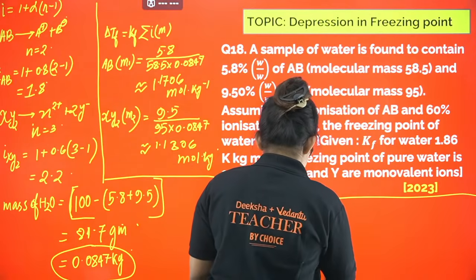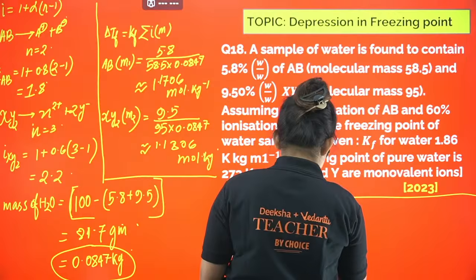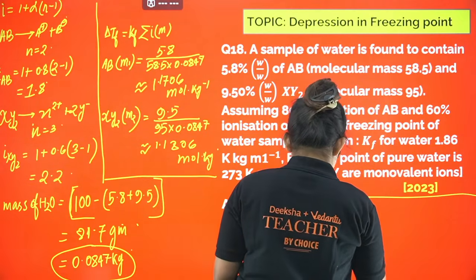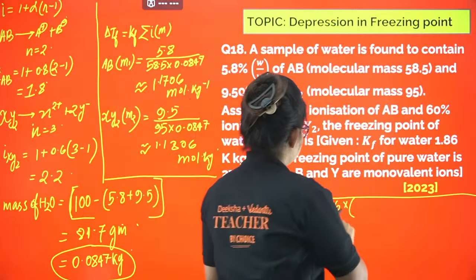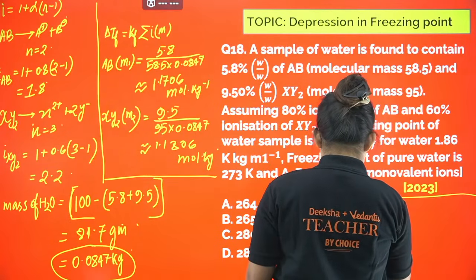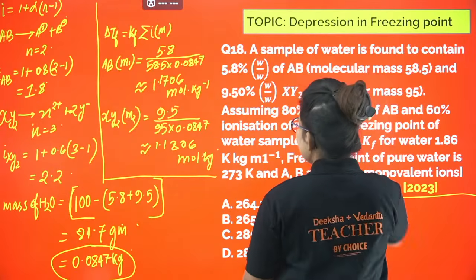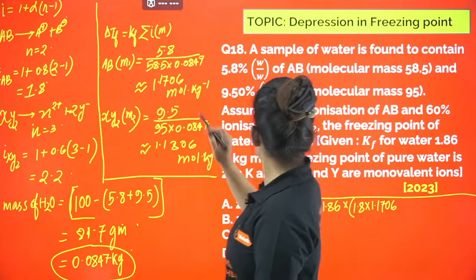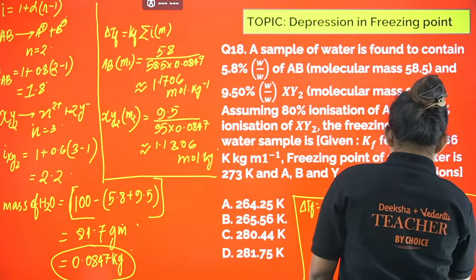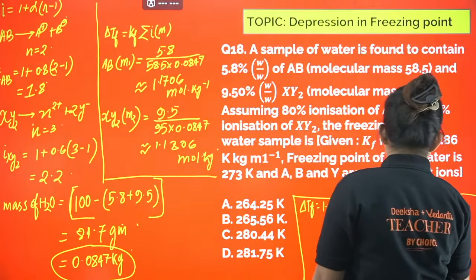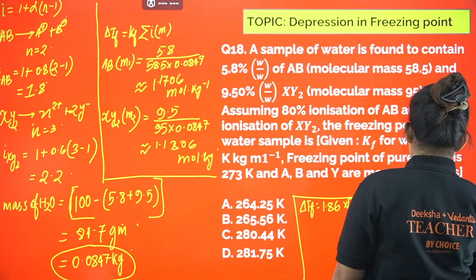So now delta TF is basically equal to, let's write the KF value, 1.86, into, okay, so two different values are given, 1.8 into 1.1706, I into M, plus, here I got the I value 2.2, so 2.2 into 1.1806.